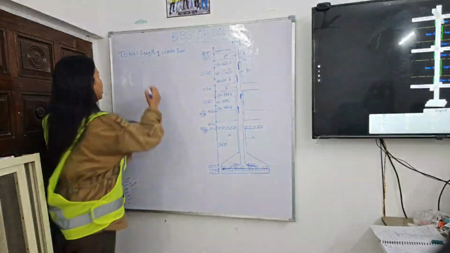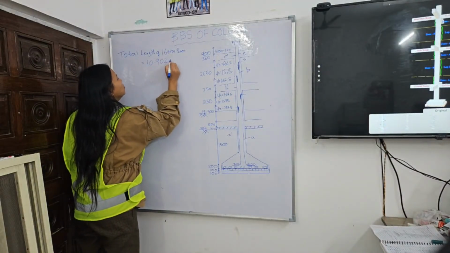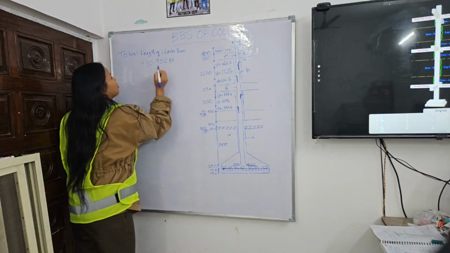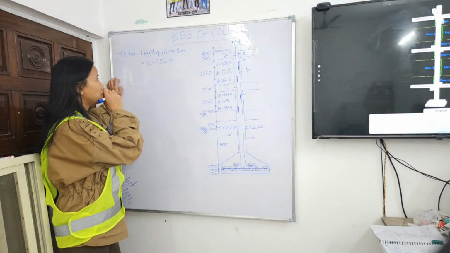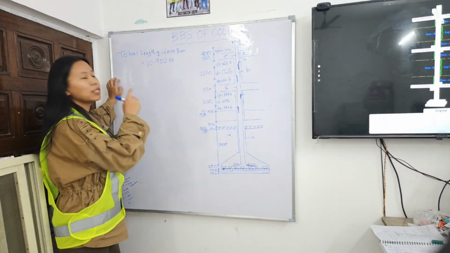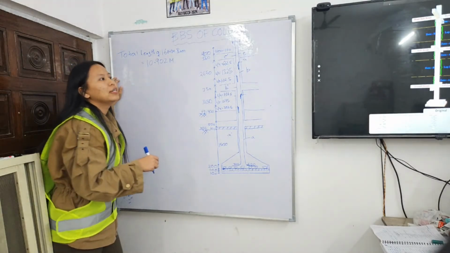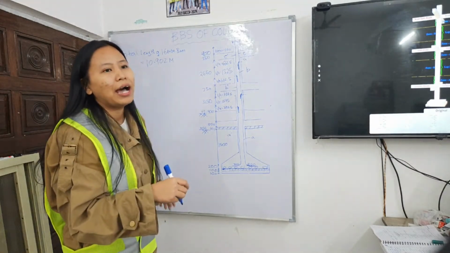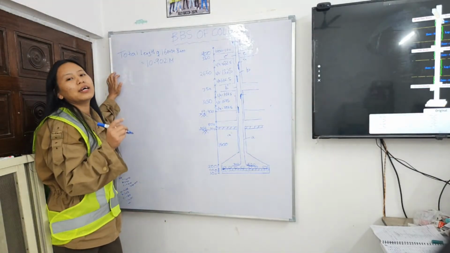That will be 10.902 meter. Here we are. And then, I will be calculating for 16 mm bar first, then followed by 12 mm. So here in my plan, I have column. How many numbers of column? There are 10 numbers of column.